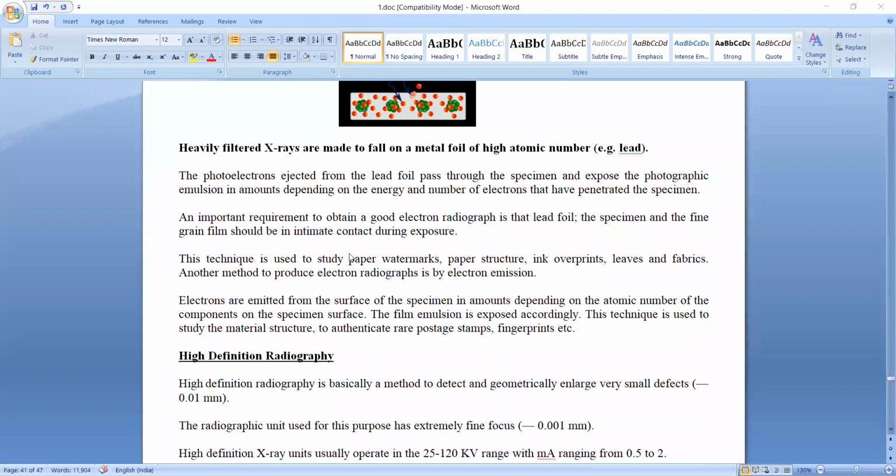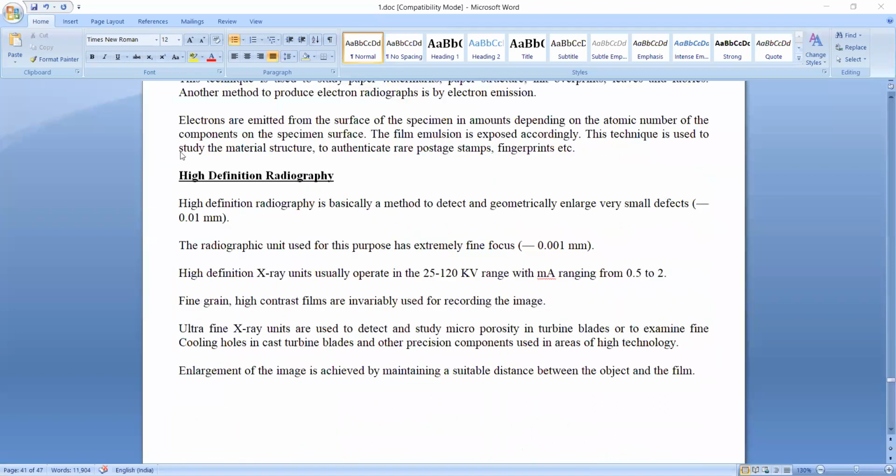The next technique is high definition radiography. The main motto of this radiographic technique is detecting small defects. At the same time, we have to magnify the defect for clear observation. We can get both benefits by using high definition radiography.